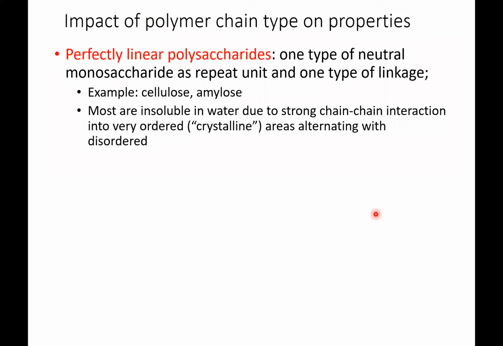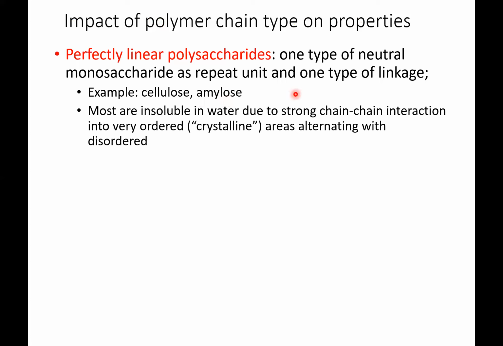So the impact of the polymer chain has a real impact on its properties too. So perfectly linear polysaccharides, that means one type of a neutral monosaccharide as a repeat unit, like in cellulose, you have glucose, in amylose, we have glucose.